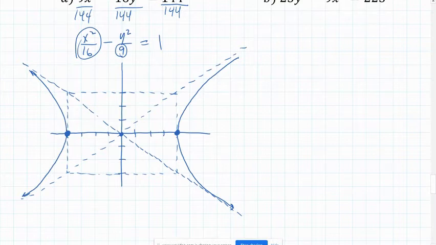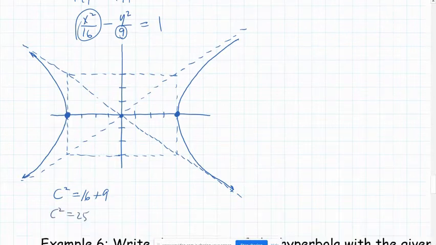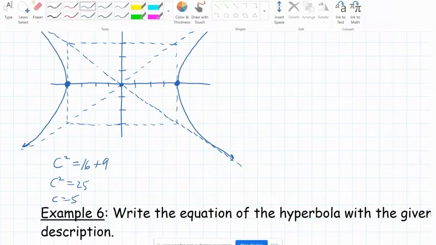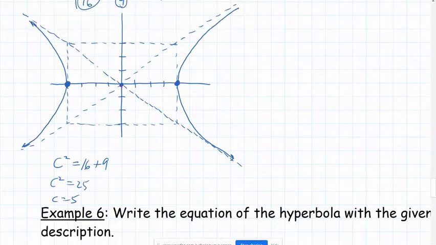And now we can find the focal points by saying c squared is equal to 16 plus 9. So that's the sum of the two denominators. C squared equals 25. So C equals 5. And so if we go from the center, we're going to count 1, 2, 3, 4, 5 units from the center.